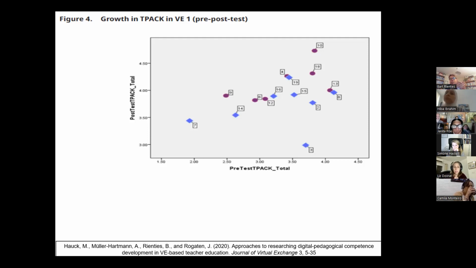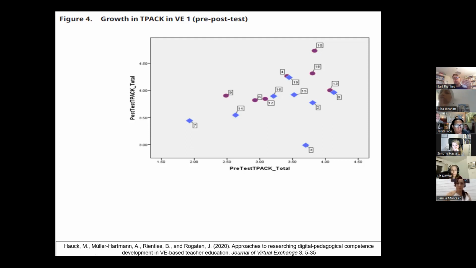Yeah, and what to me is also really fascinating, and that's why mixed method research is really interesting. You have, for example, I mean, I don't know these students, right? We've anonymized this. So you have student 7, who started with 2 out of 5 and then grew to a 3.5. So this person has made a substantial gain.